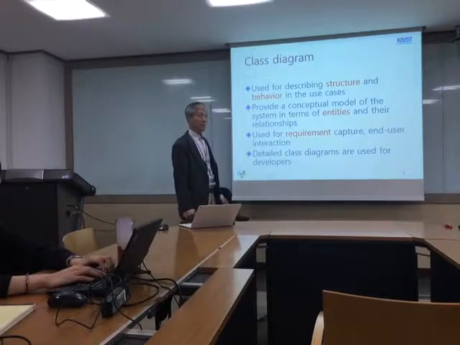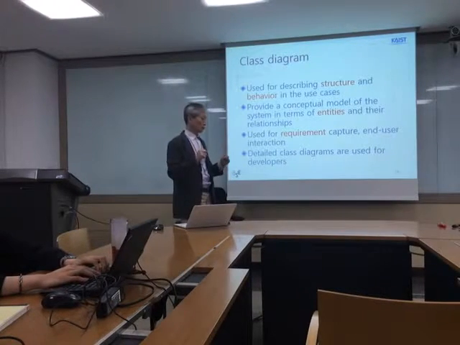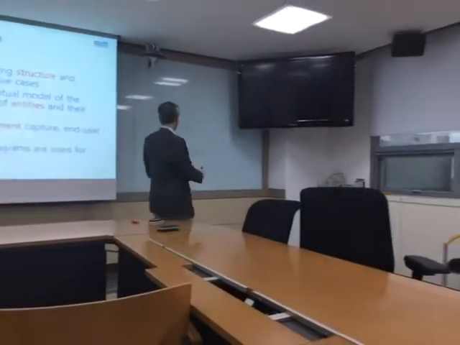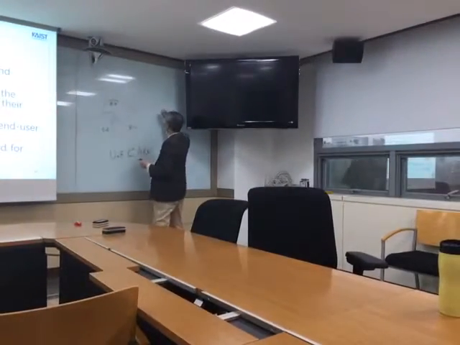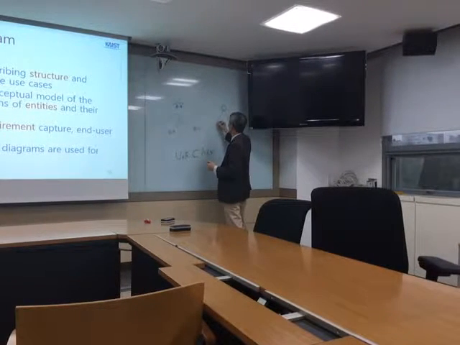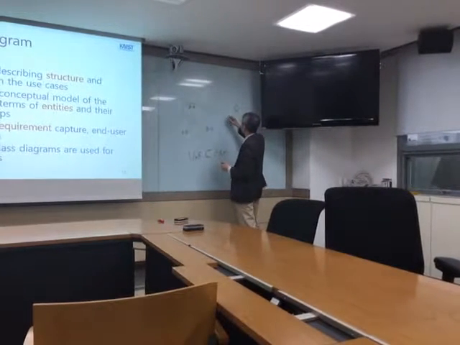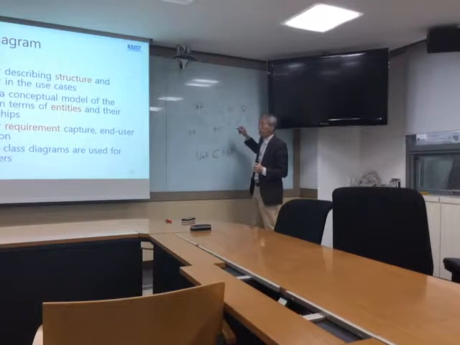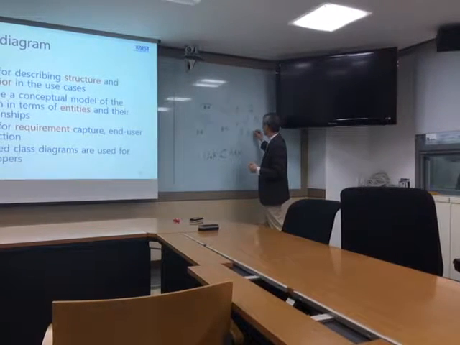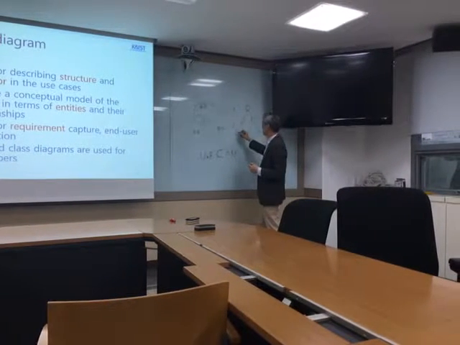In the class diagram, class is very closely related to object-oriented programming. As I showed you before, there is a class hierarchy, right? In the class hierarchy there is generalization and specialization. And the final node, we say, is a leaf node, as an object.